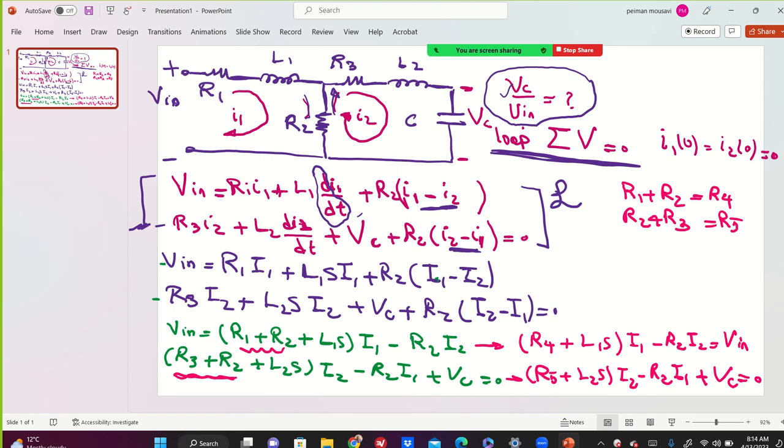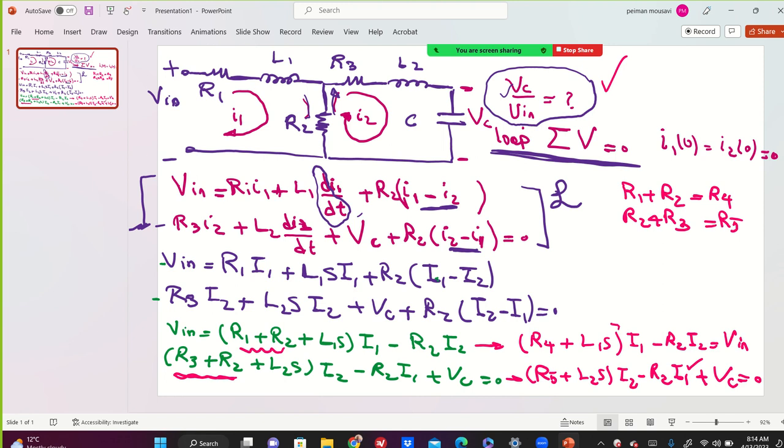Because we want to find the voltage of the capacitor, for God's sake, we have to find I1 based on I2 and replace it here. Finally we're going to find this transfer function of capacitor voltage over the input voltage.